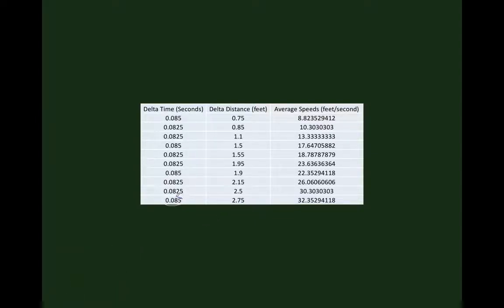So this number here is the change in time from the ball's position 8 or 9 hundredths of a second before. And we could even round this to 0.1 just to make it easier to talk about. It's approximately 1/10th of a second.